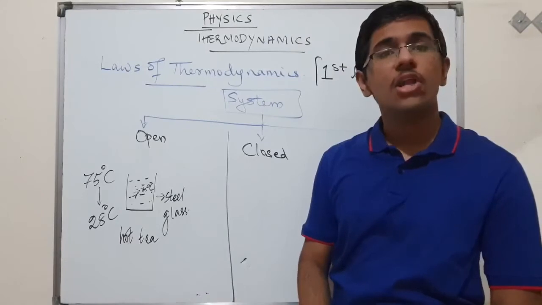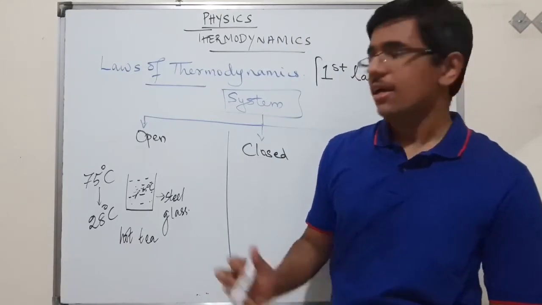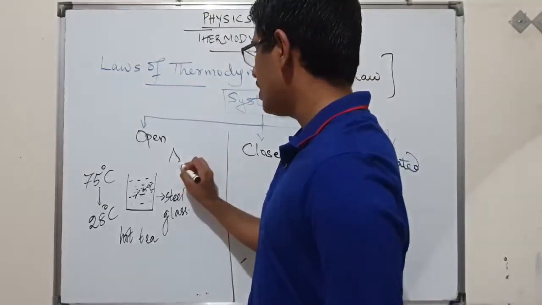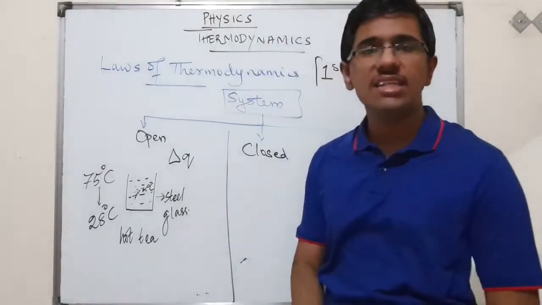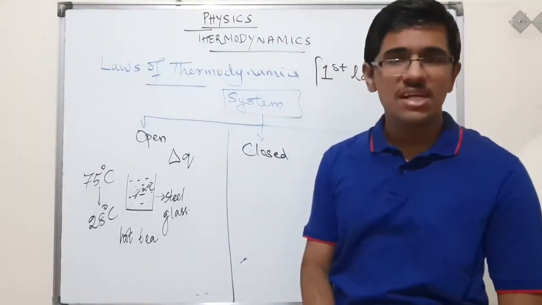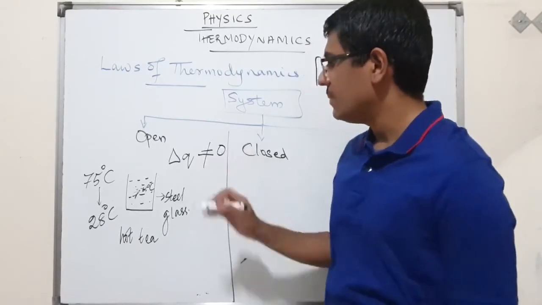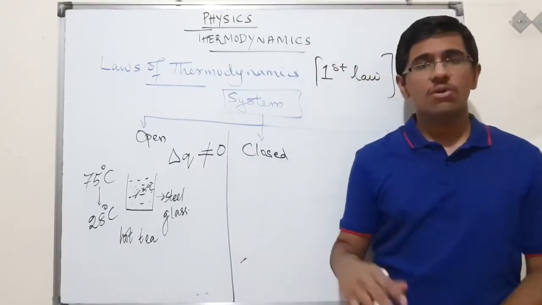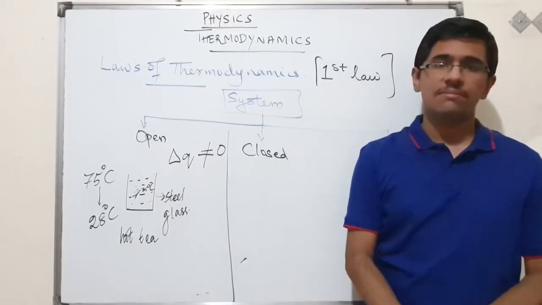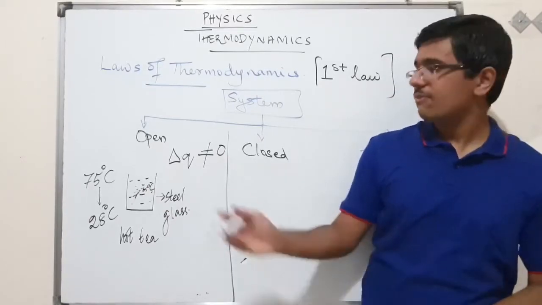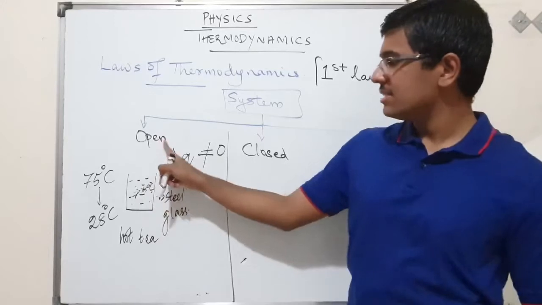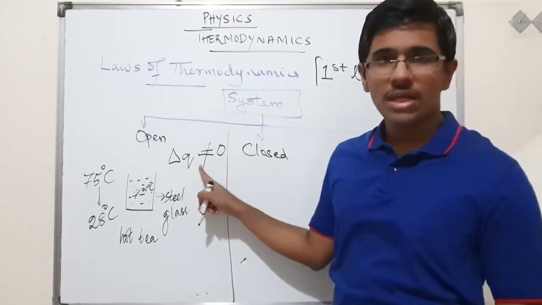The heat has been lost from it. That is, the change in heat, or delta Q, final heat minus initial heat, is not equal to 0. That means heat has been exchanged or lost from the system. So there is transfer of heat from the system, so delta Q is not equal to 0.